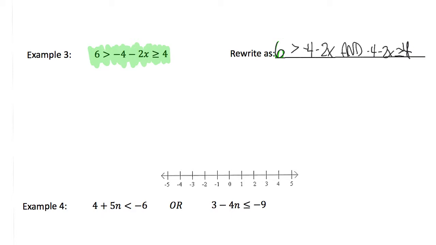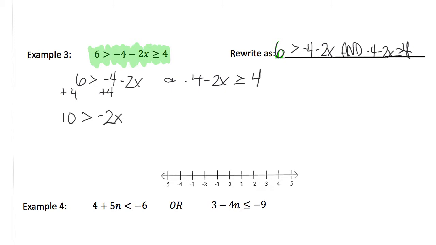Now this is when we start solving them separately. I'm just going to rewrite them down here: 6 is greater than -4 minus 2x, and -4 minus 2x is greater than or equal to 4. I'm going to add 4 to both sides. I get 10 is greater than -2x. Divide by -2.